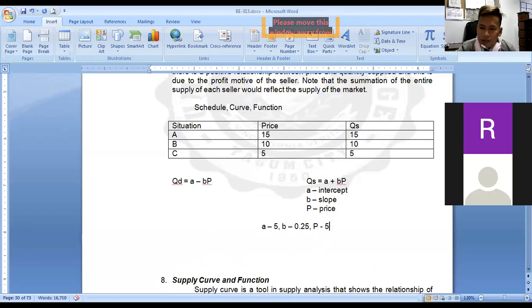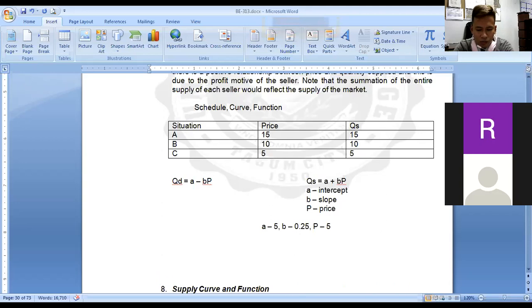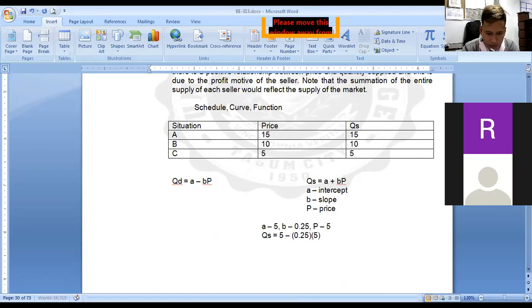Sige. So kung tayo si price is 5, let us say bread po niya to, so kita daw seller. So if we will compute the quantity supplied for this, so QS is equal to A kay 5 minus 0.25 times 5. So pila man?